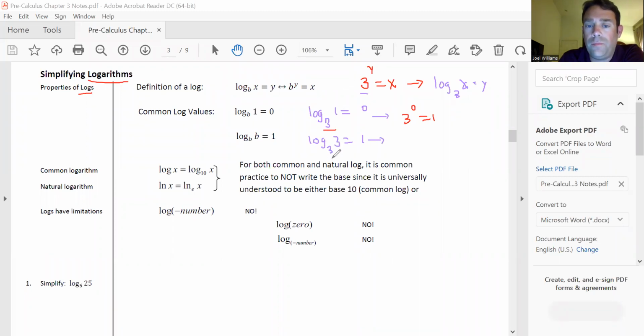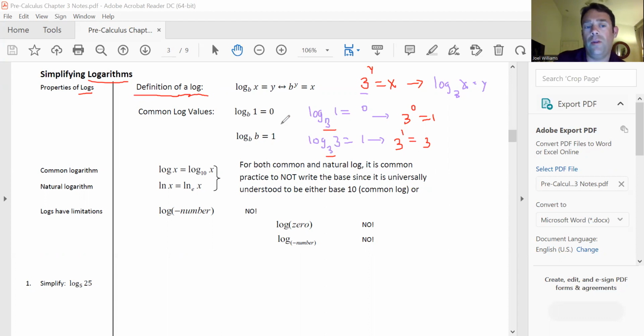And again, no matter what the base is, the base stays the same when I switch to exponential form. Everything stays the same. The only thing that changes is instead of having the 3 with the base, now I'm going to have the 1 with the base when I switch to the other form. So 3 to the 1 equals 3. This idea of switching back and forth between log form and exponential form is called the definition of a log.